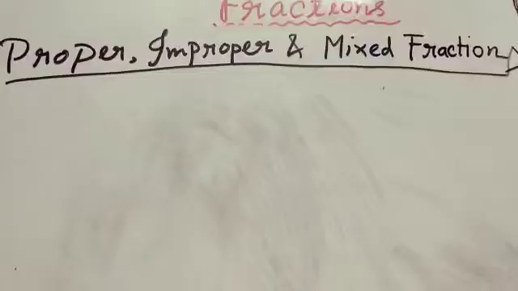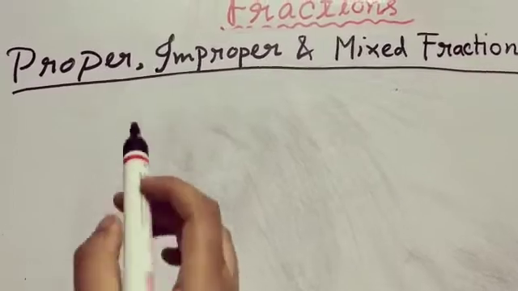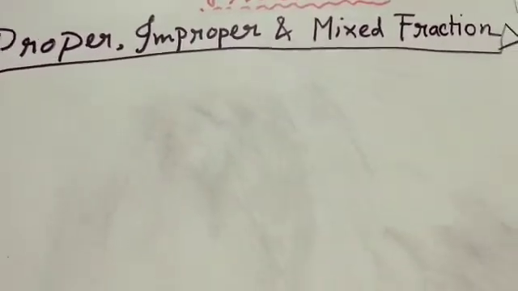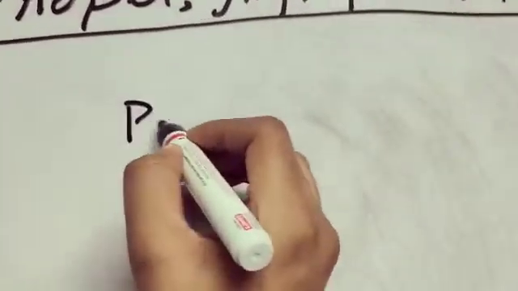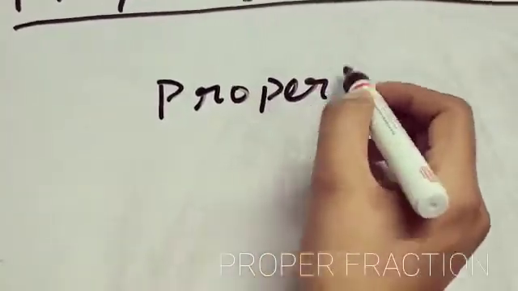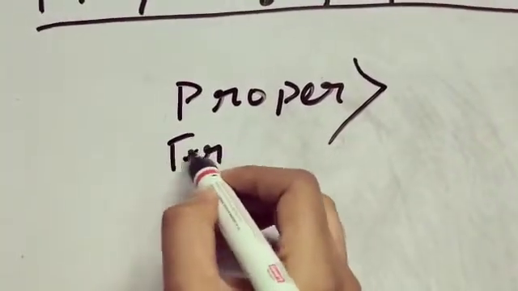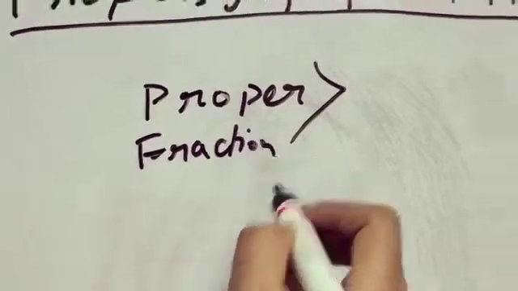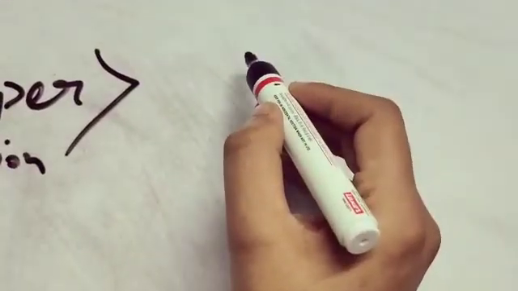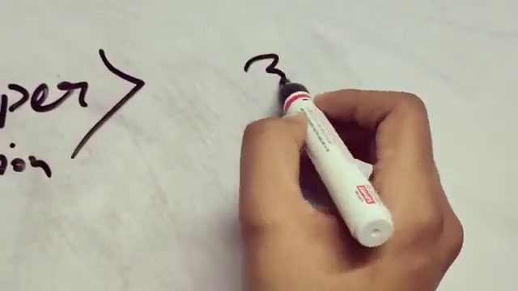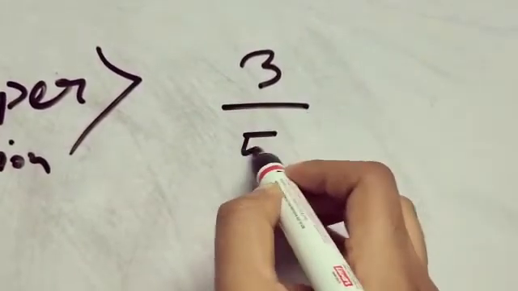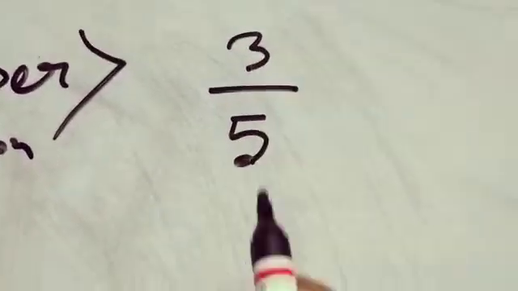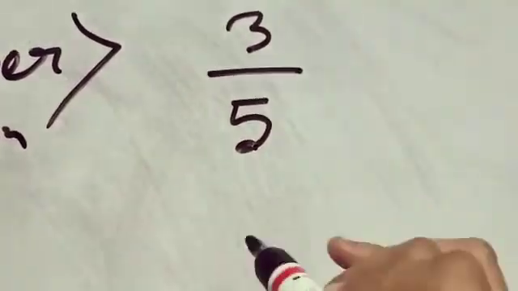Okay. Now we will learn some new things which are called proper, improper and mixed fractions. Let us know what is a proper fraction. Proper fraction. Okay. The type of fraction where the numerator is like 3 and the denominator is 5. So you can see in this fraction 3 is smaller than 5.